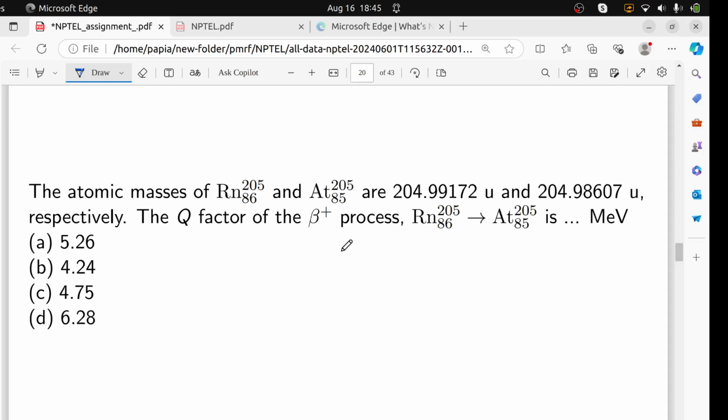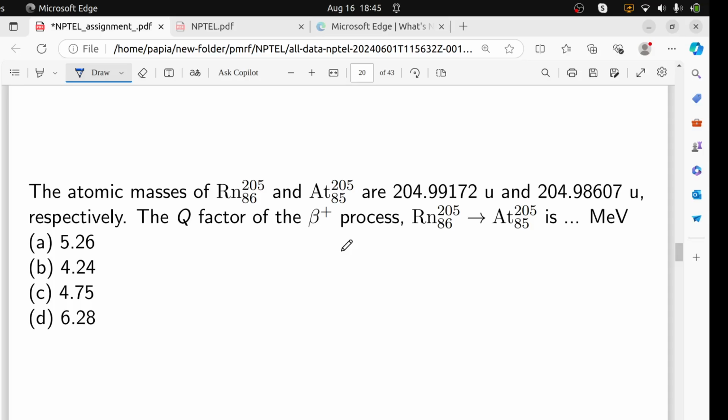Now there is a beta plus decay. Till now we were talking about beta minus decay, and for beta minus decay we concluded that in terms of atomic mass, the Q value will be the atomic mass of the parent minus the atomic mass of the daughter, like for this case Rn minus At. But for beta plus decay, that will be a little bit different.